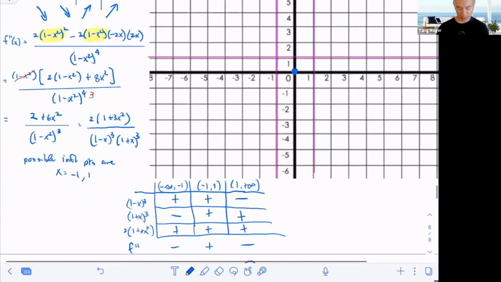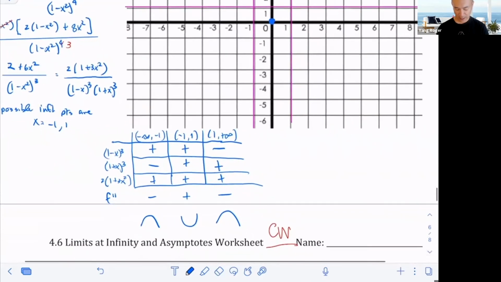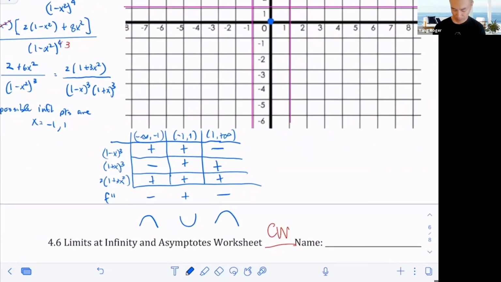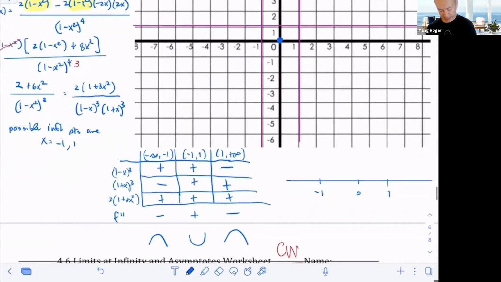Now we want to put these two situations together. So the important points that I have are, I go from -1 to 0 to 1 like this. It's decreasing and concave down. So this guy looks something like this.